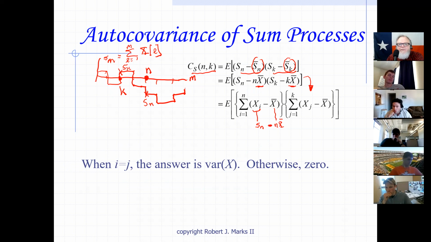First of all, if i is equal to j, we have a covariance. So let me do this. Let me do an n by k matrix here.